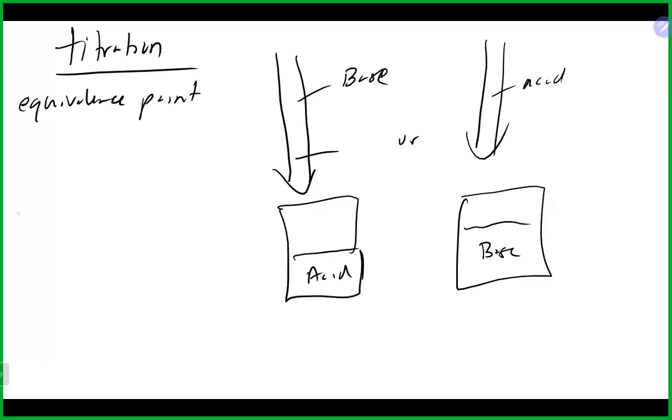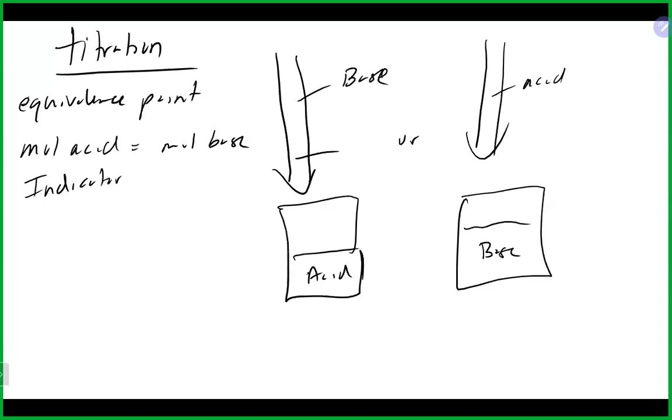And remember, in an acid-base titration, the equivalence point is the point where the moles of the acid equal the moles of the base. So that's the exact point where pretty much the reaction is over. And remember that we can see that using an indicator like you did there, like phenolphthalein.